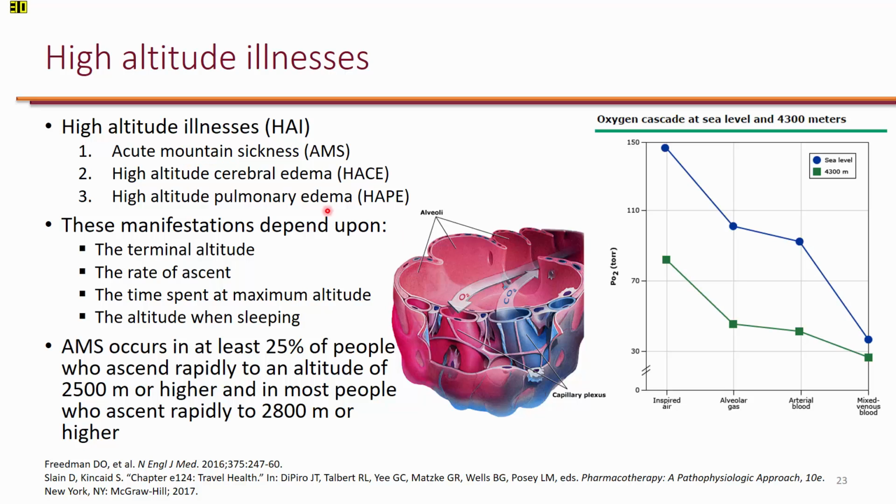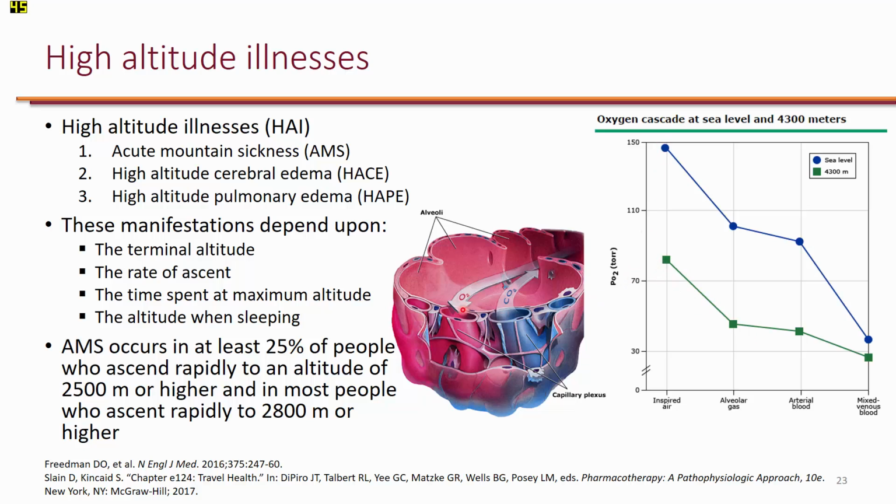In this picture, you can see the alveoli, where oxygen exchange occurs, and this basically works based on normal oxygen levels. What happens at high altitudes, for example at an altitude of 4,300 meters, is that the partial pressure of oxygen is a lot lower than at sea level.